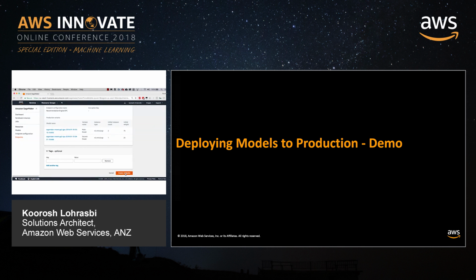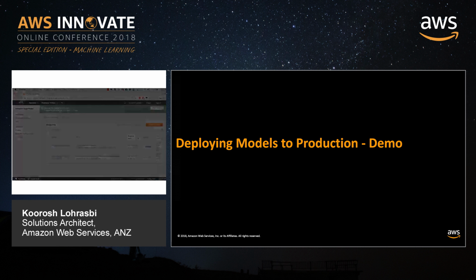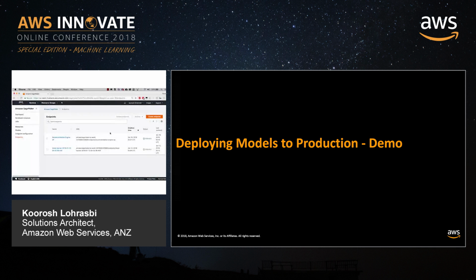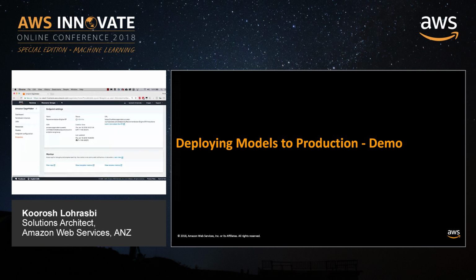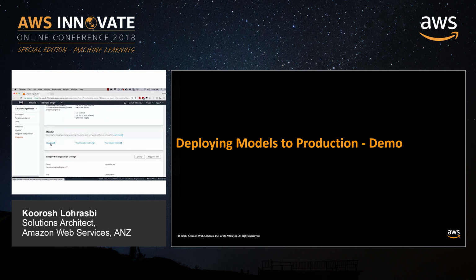This will take some time, and then you have your models ready to serve traffic. You get more info when you click on the endpoint. Creation time, last updated time, and there's a bunch of metrics around the model performance and the underlying container and instance.